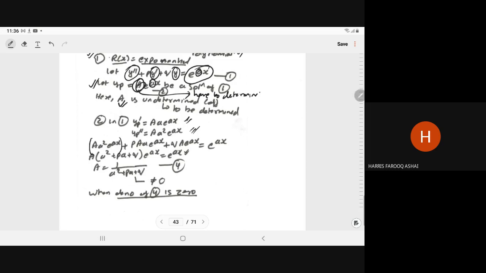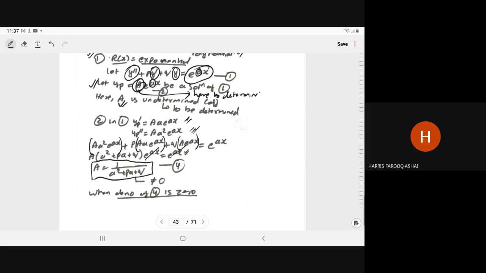When we substitute into y'' + p y' + q y = r(x), taking A common, A (a^2 + p a + q) e^(ax) = e^(ax). So e^(ax) and e^(ax) cancel, and capital A will come, because we have to determine the value of the undetermined coefficient. So A = 1/(a^2 + p a + q).